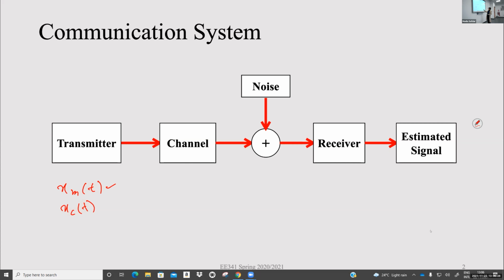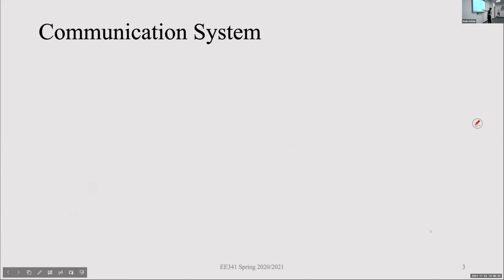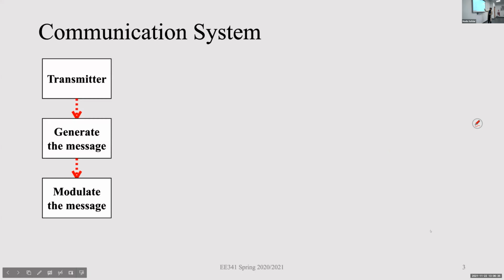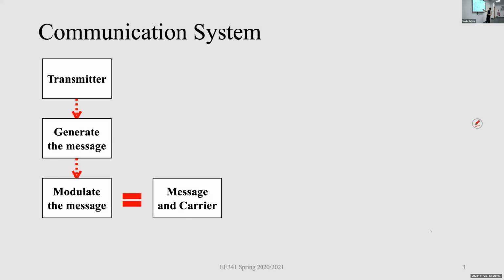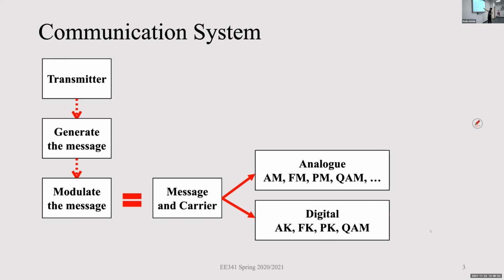We were doing it in the last two labs, lab 4 and 5. Same thing: transmitter, we generate the message, we modulate the message, then the modulated message is message multiplied by carrier, and then we have different types of modulation techniques. So today we will be studying frequency modulation.